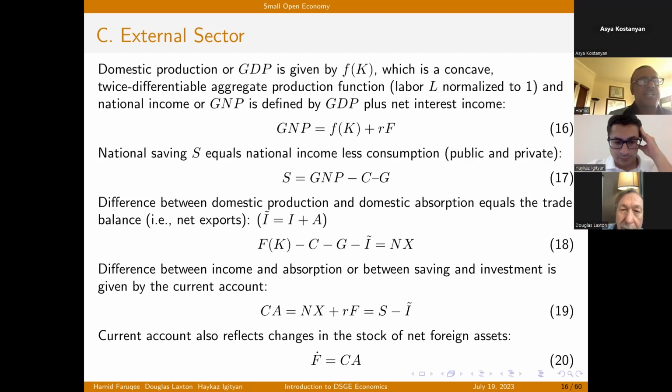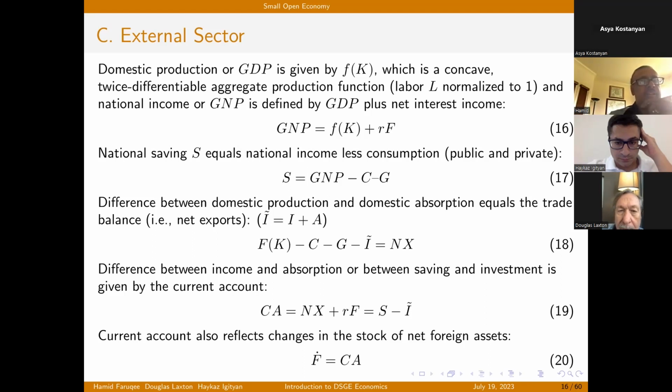So absorption can differ from production, and that's related to the trade balance. Just note that in this model, because we have these installation costs of capital, total expenditure includes not just I, but the installation costs A. So we call that I tilde in equation 18.